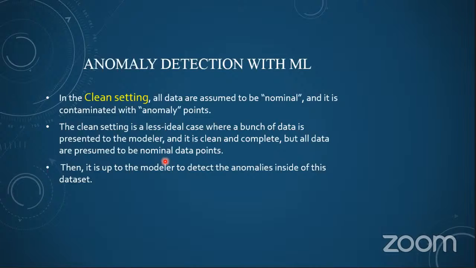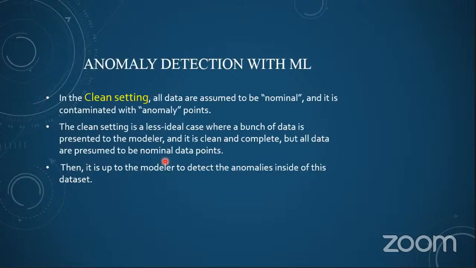So this is less of an ideal case, and it's very difficult to create a machine learning application using this clean setting, because we don't know what is anomaly and what is nominal.